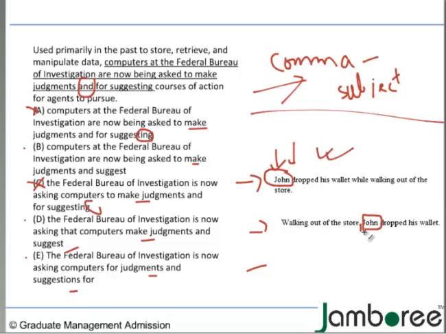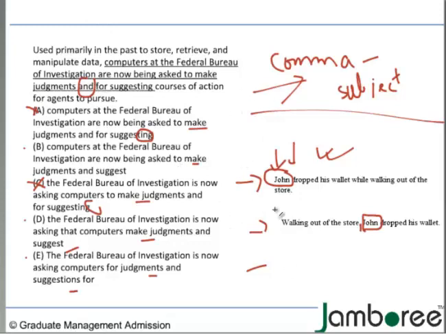Now the trigger for this, we have been talking about trigger, how to identify. Of all the 30-40 rules or even hundreds of rules that we will be teaching you, you need to know which one to apply. So whenever the underlined portion starts after the comma, very high probability that it is the comma subject rule. So this question is actually a very easy question.